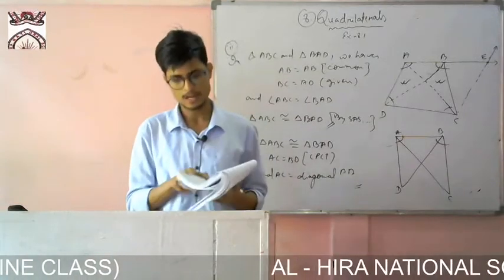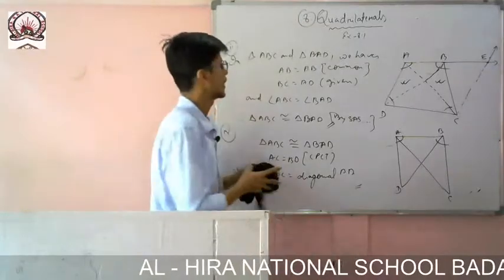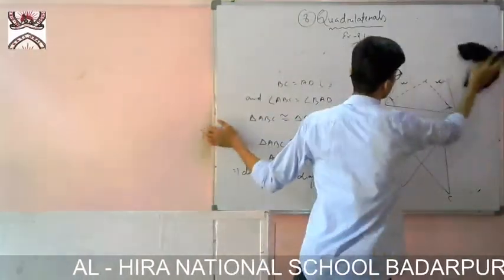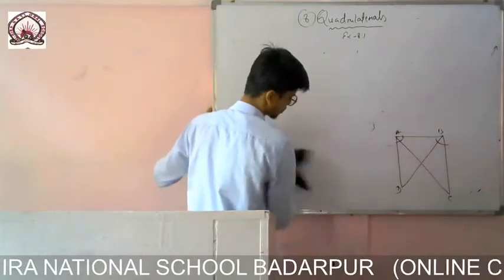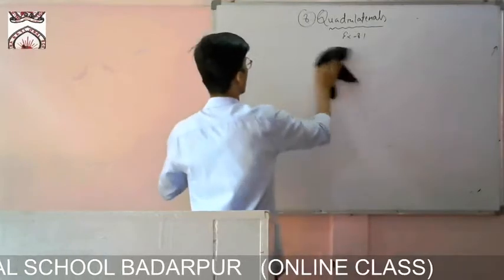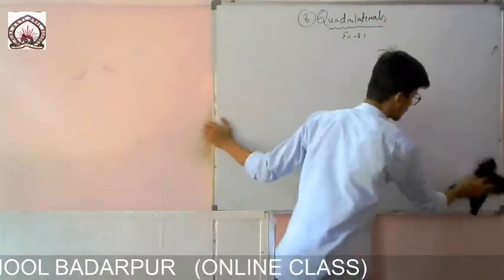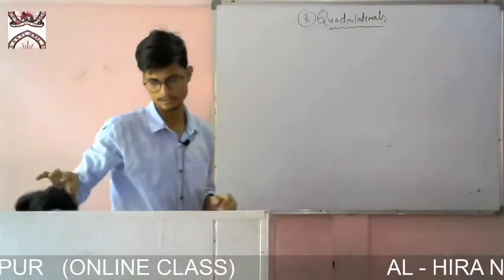Okay, so now the very important theorem, midpoint theorem. 8.6, you can see the theorem, it is there, midpoint theorem. You need to prove this one, very important theorem from the exam point of view also, and when you go to class 10 also, you need this theorem to solve some of the sums in the chapter triangles.